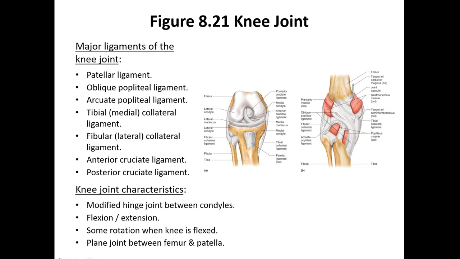So your knee joint is a modified type of hinge joint between the condyles and the knee. The condyles are the articular cartilages that you find at the knee that is colored white.